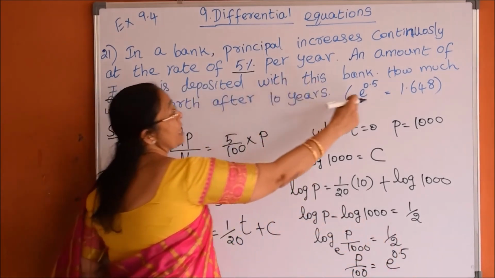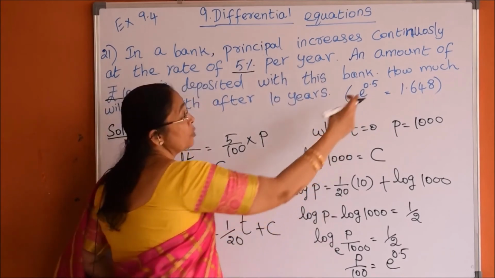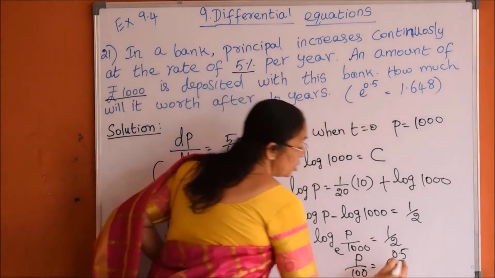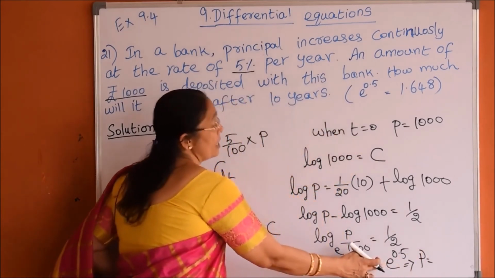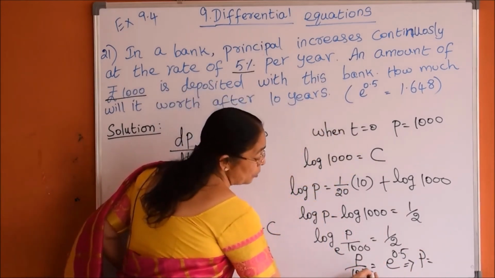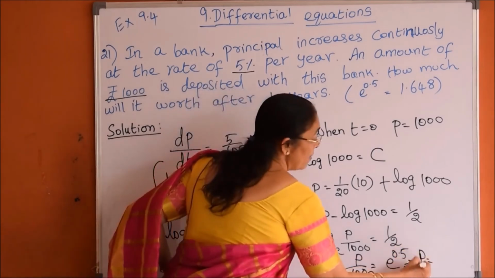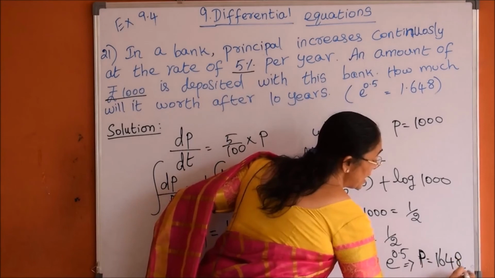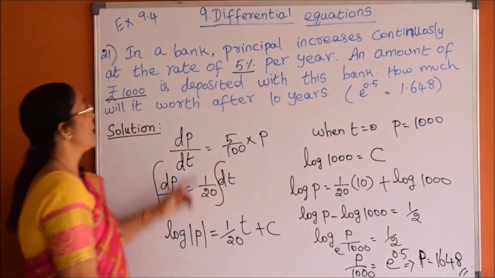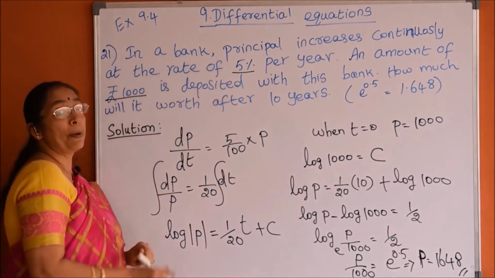I think it is given e to the power of 0.5 as 1.648. Therefore, P is equal to 1.648 into 1000. So the principal will be 1648 after 10 years if the rate increases 5% per year.